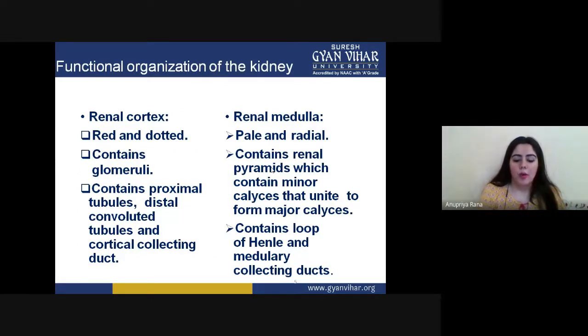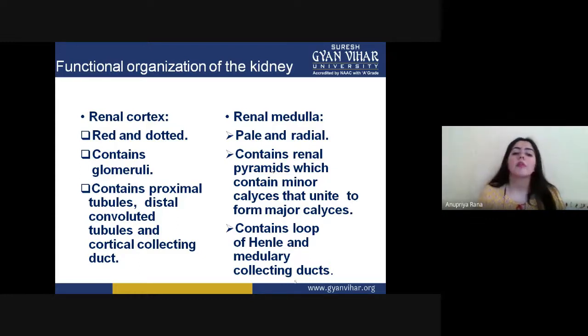Now, if we talk about the functional organization of the kidney, there are two major parts which form the kidney. The very first is the renal cortex, and the second one is the renal medulla. If we talk about the renal cortex, it is red and dotted in structure, and contains the glomerulus.